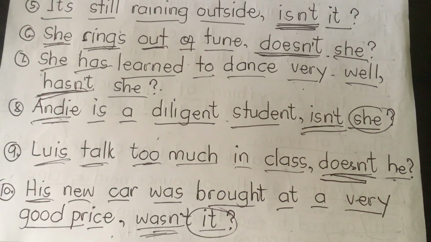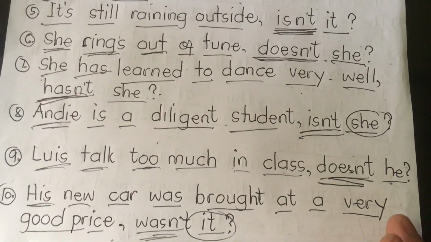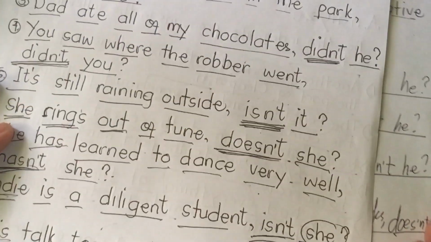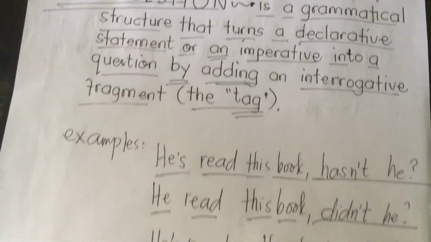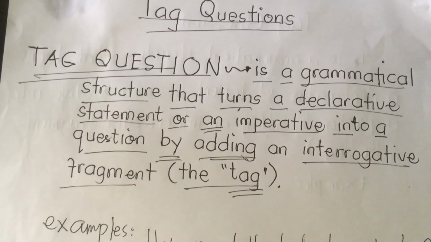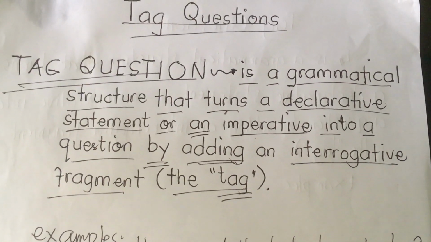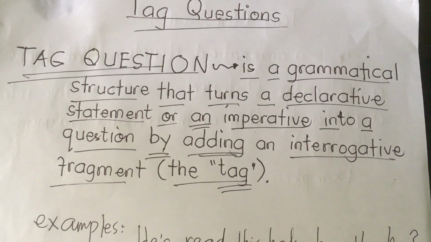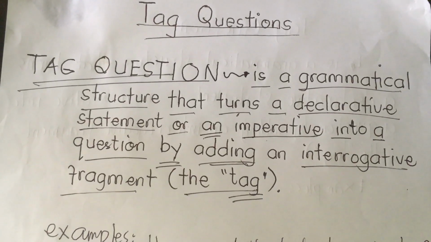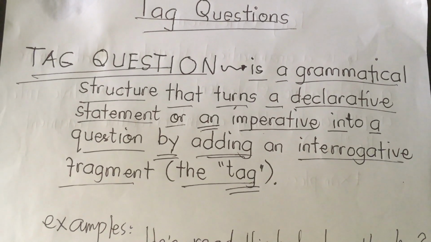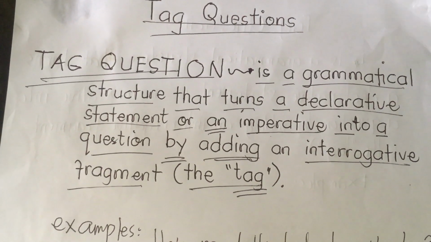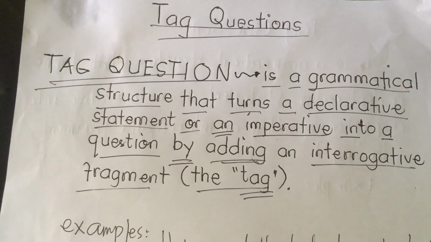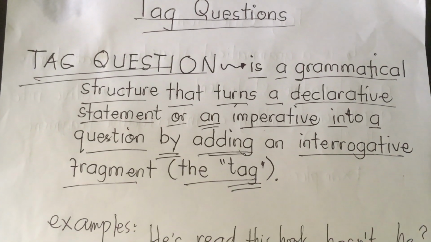Remember why we discuss the tag question: as I said earlier, the tag question is most important in our daily applications, for example in communication. We communicate with people and converse with each other.